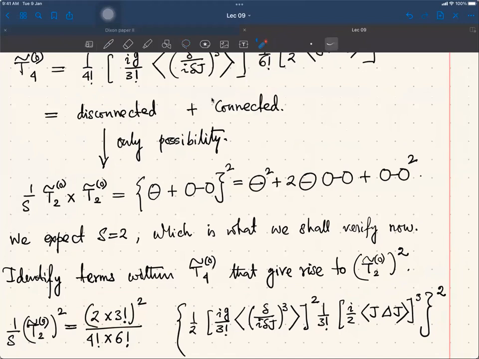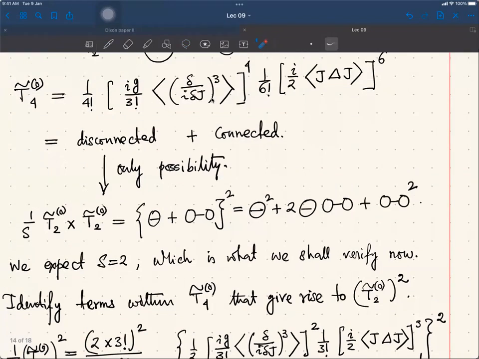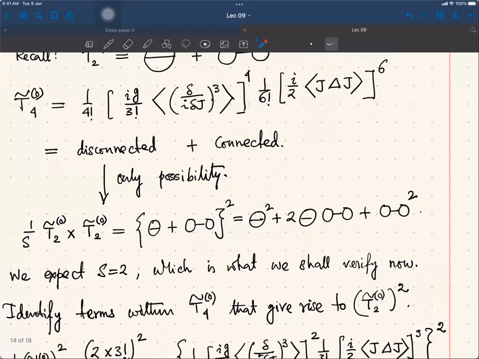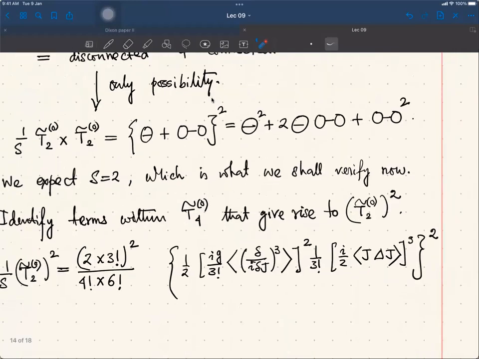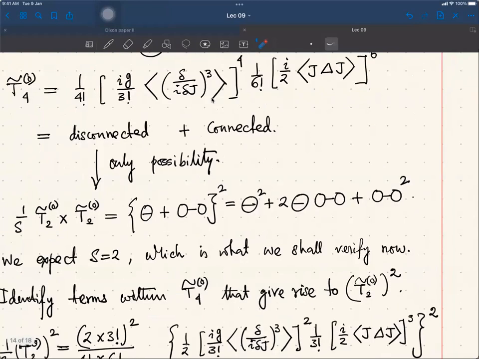That factor is the number of ways in which this entire contribution arises. Look at the configuration here. There are 4 cubic vertices applying on 6 propagators, but here only 2 cubic vertices are applying on 3 propagators, and then you are taking the square of that. That's a different configuration. Of course, this is hidden in this.